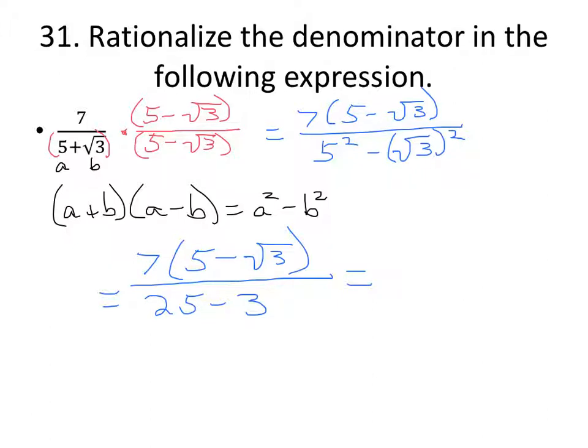So that's going to give us 22 in our denominator. So let's go ahead and multiply out our numerator, 35 minus 7 square root of 3 over 22, and that's our answer.